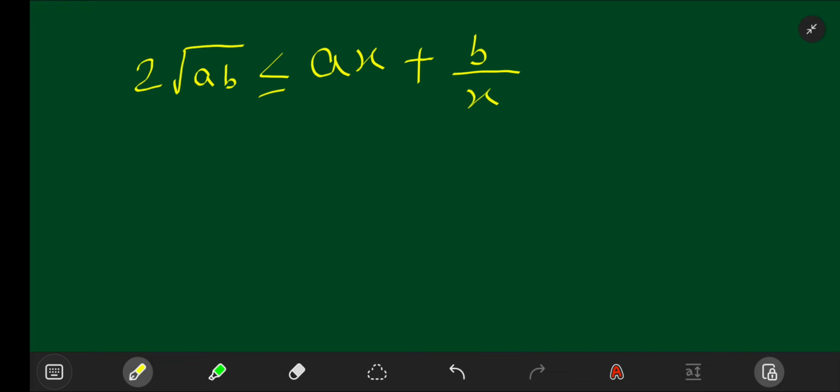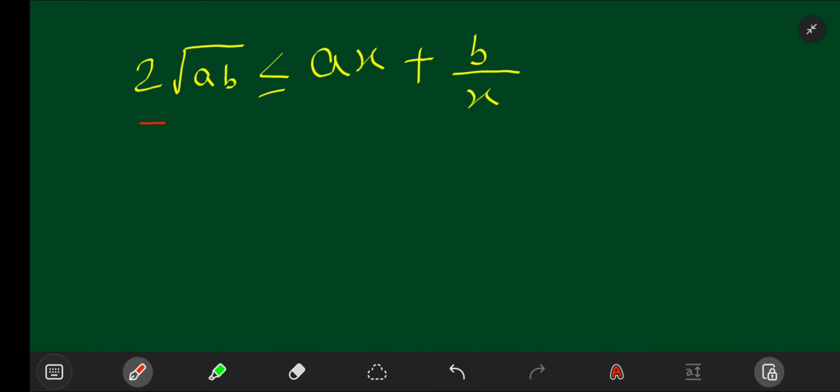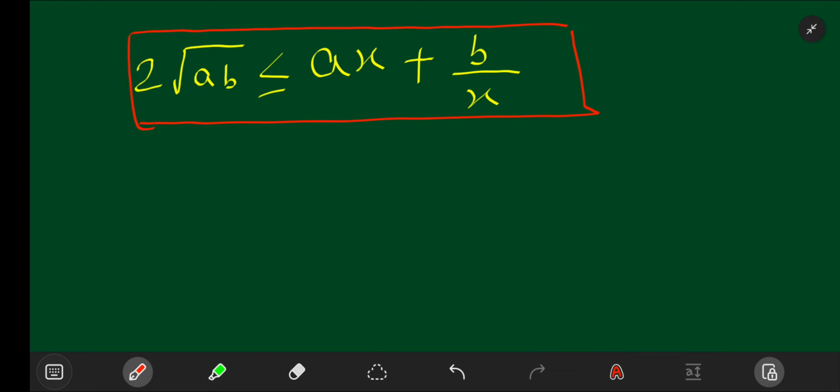Now, a tan power 4 theta plus b cot power 4 theta, find its minimum value.